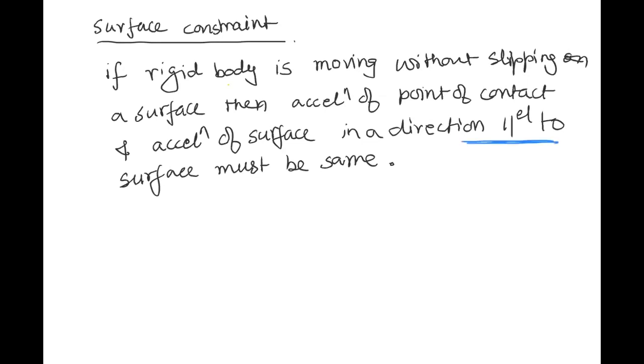If we say it in plain language, slipping means rubbing. At least what I understand by the word rubbing is that two surfaces have moved relative to each other. Then and only then this thing may happen.